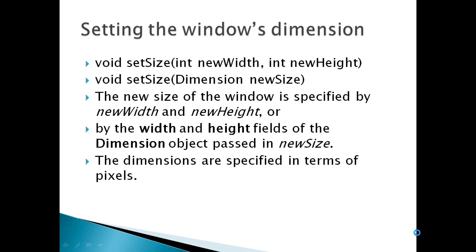The dimensions are specified in terms of pixels. From these two, any one method you can use for setting the window's dimension, meaning our frame window, using the setSize methods.